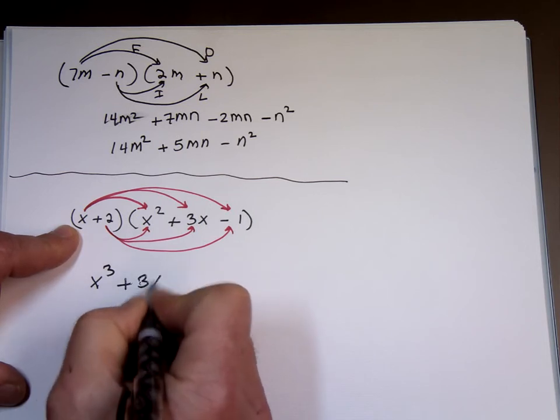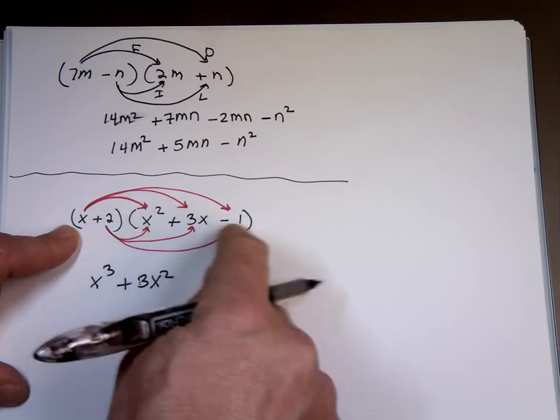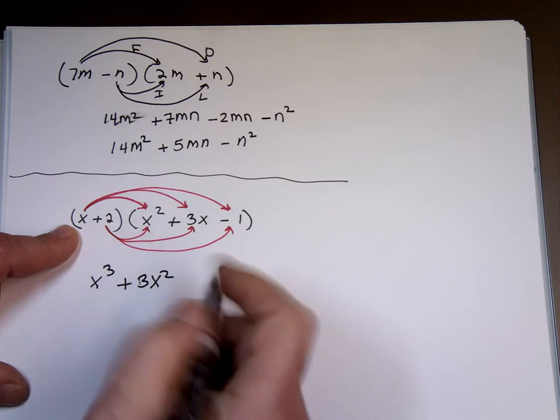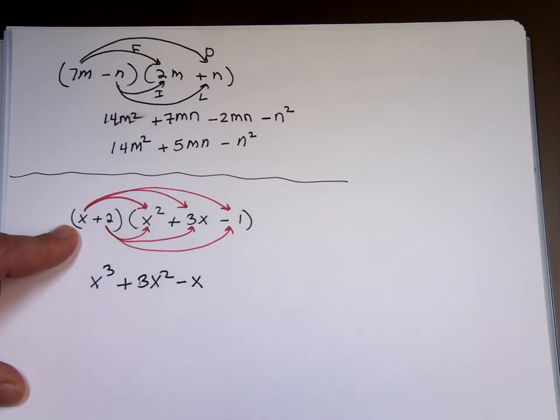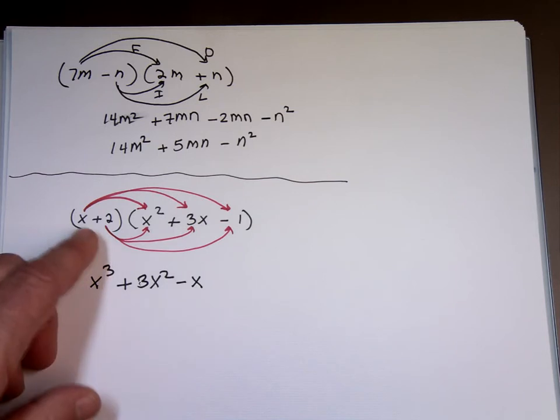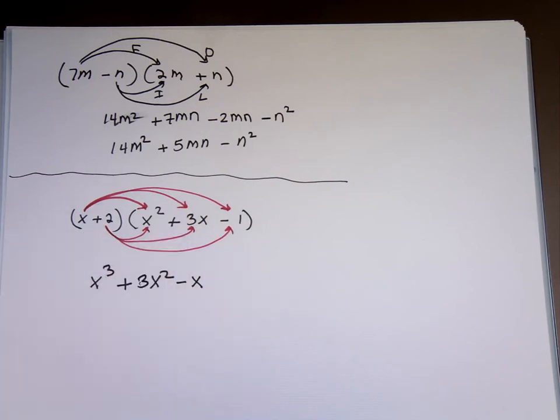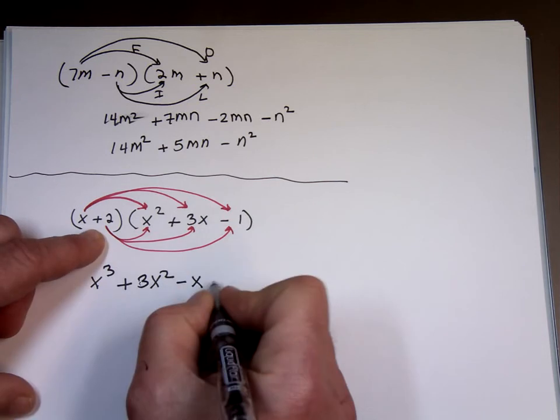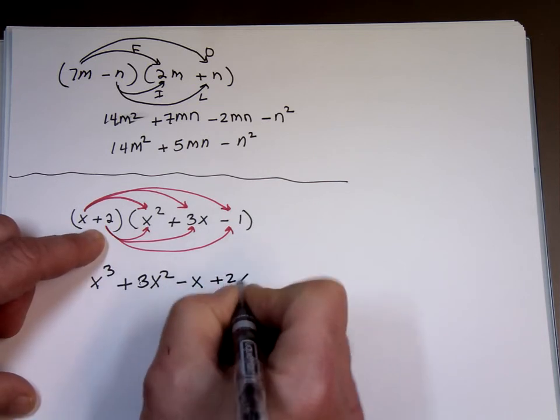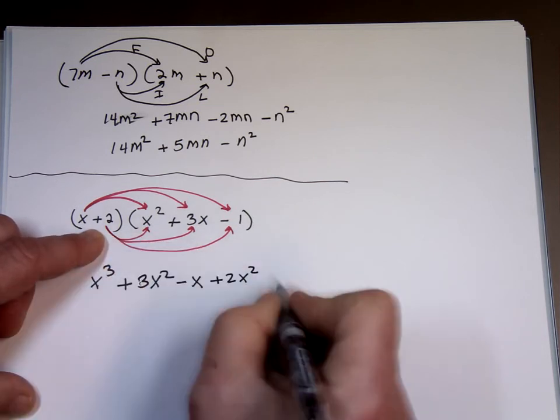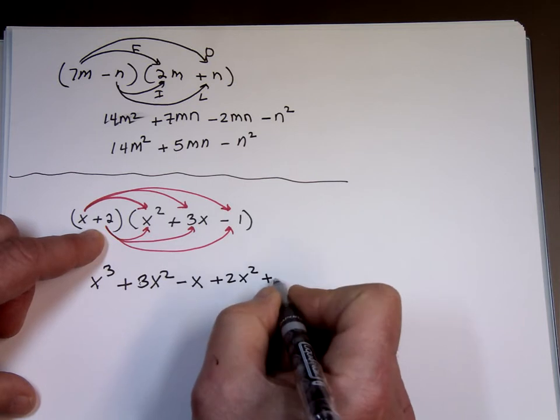What's x times a minus 1? Negative x. That's the top. Now let's take the 2 and multiply it through. What's 2 times x squared? What's 2 times 3x? And what's 2 times a minus 1?